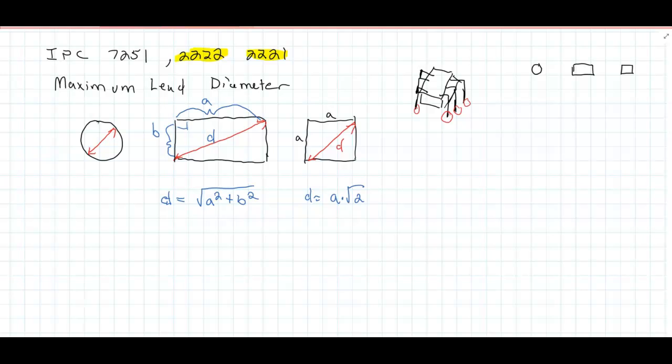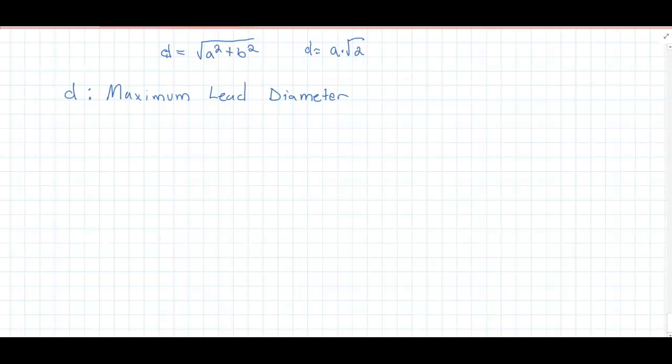So once we have that max lead diameter, figuring out the minimum hole size is actually really easy. We're going to define D, just so I don't have to constantly write it out, as my maximum lead diameter. Now, for the minimum hole size, there's actually three standards here.